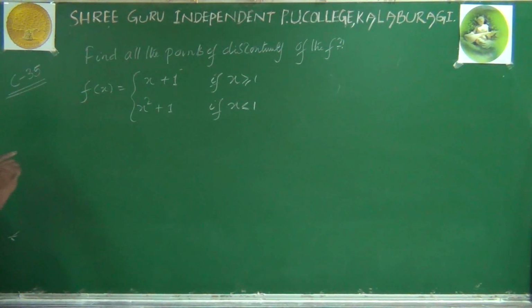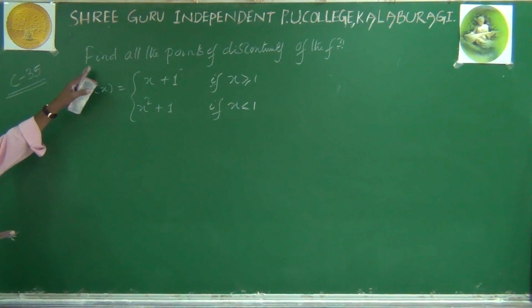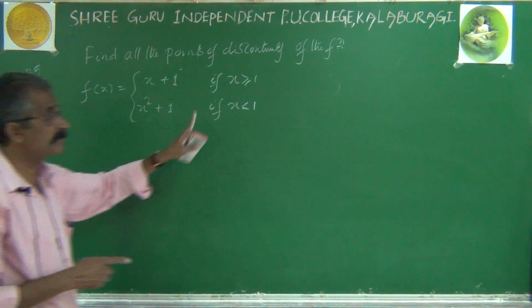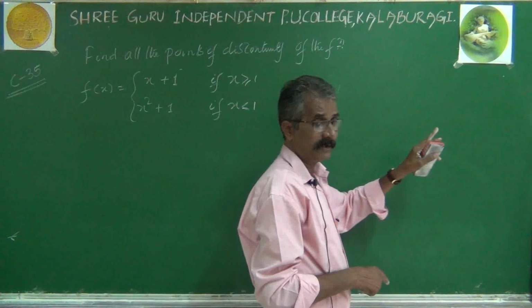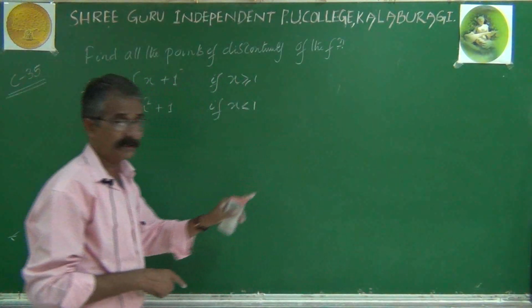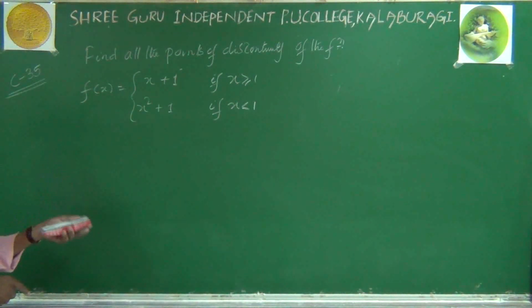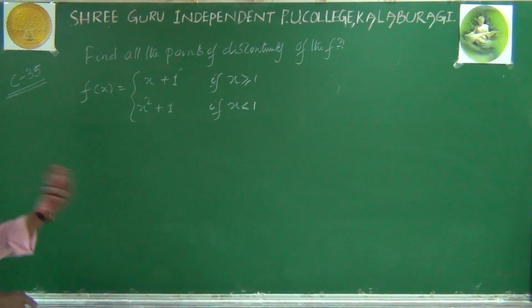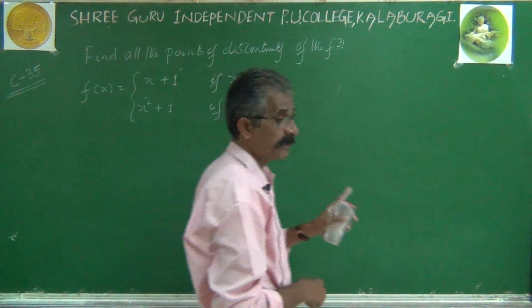So we have a generalization. If the question is to discuss continuity of this function at x equal to 1, then don't discuss for x less than 1 or for x greater than 1, discuss only at x equal to 1.